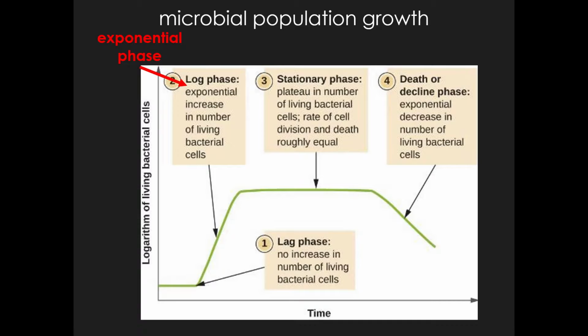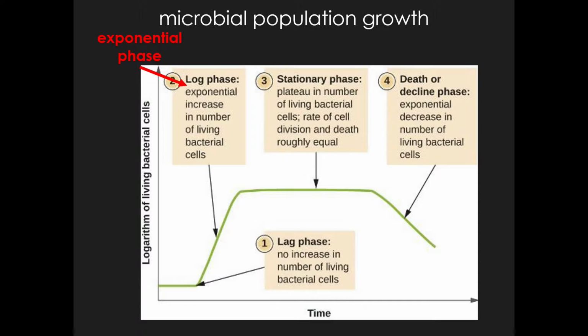They are the lag phase, the exponential or log phase, the stationary phase, and the death or decline phase. And always these population growth curves are plotted with the number of cells on the y-axis and time on the x-axis. Notice time has no units, the number of cells has no units. So what we're doing is just talking relatively about the number of cells over time and whether it's increasing or decreasing.